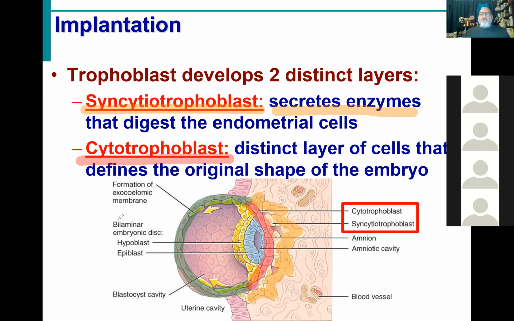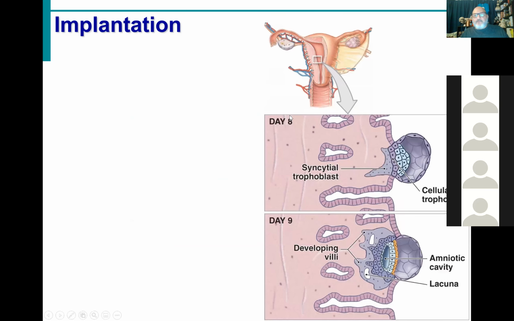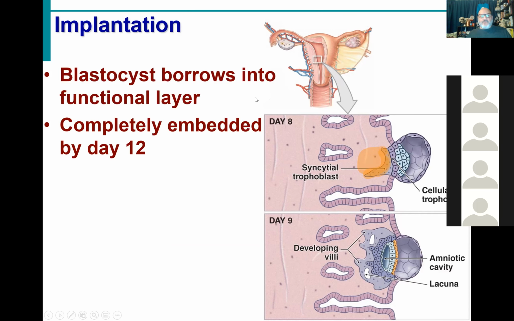This syncytiotrophoblast actually does a couple of things. Let's see what the next slide looks like, see if that helps. Here we go. Excellent. As the syncytiotrophoblast continues to expand, forming these digestive cells that are digesting the wall of the uterus, notice they are also going to be breaking down all of those big blood vessels we talked about as well.